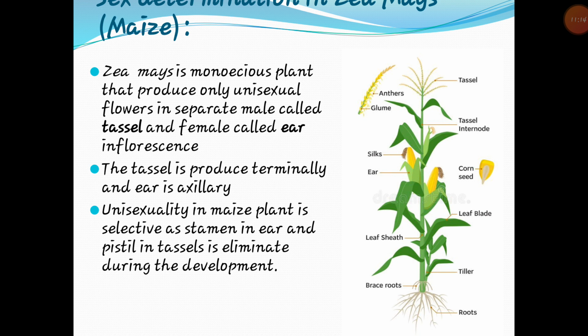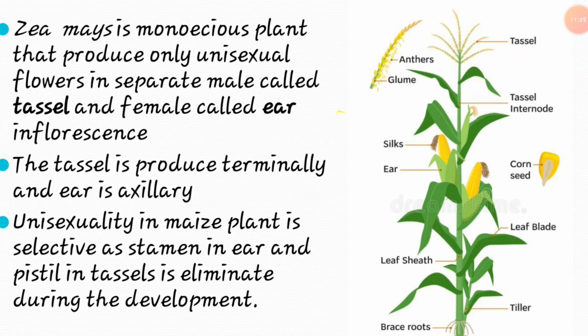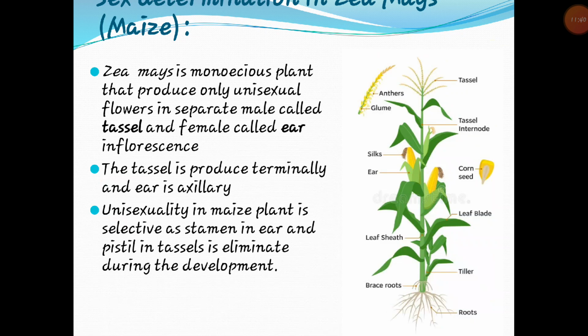Unisexuality in maize is achieved as stamen in ear and pistil in tassel are eliminated during development. So here we can see the tassel, which is produced terminally, and the ear, which is produced axillary, in the axils.